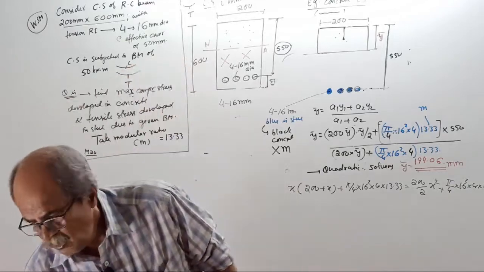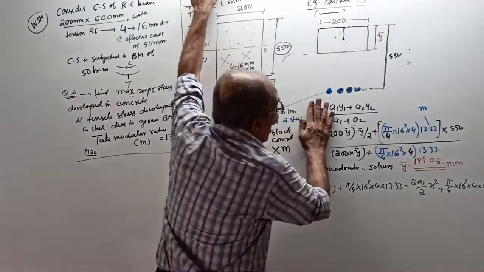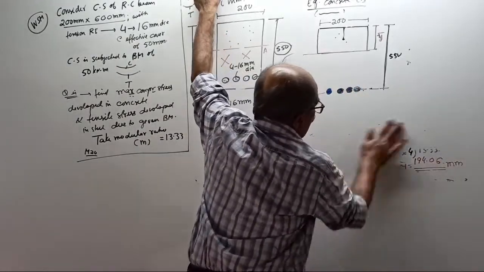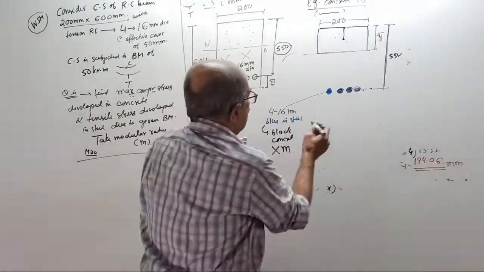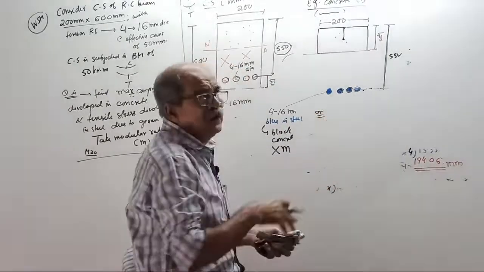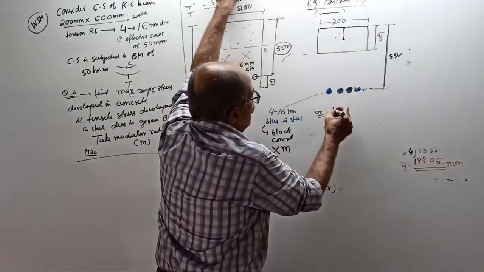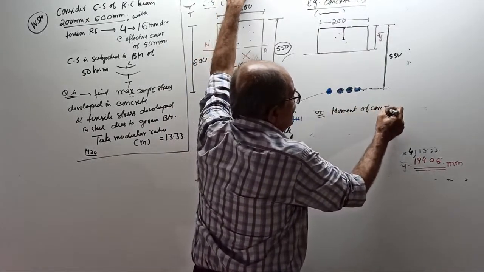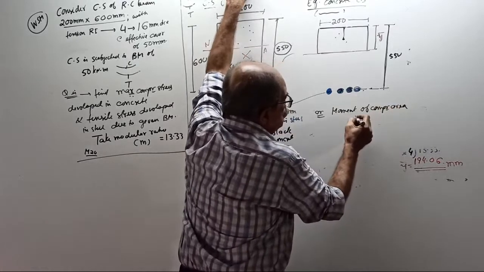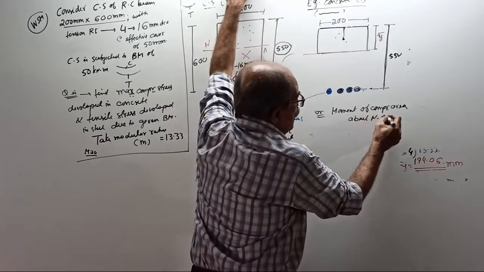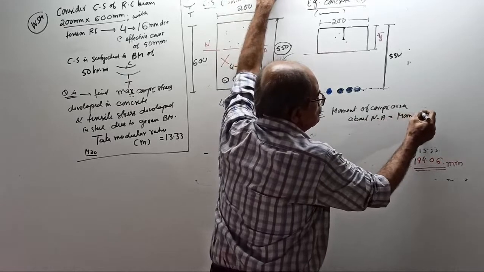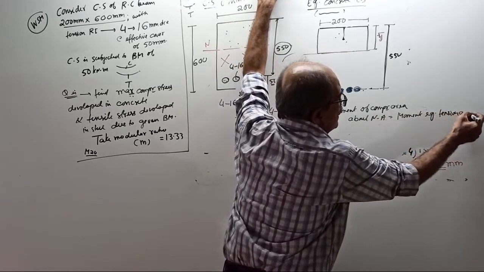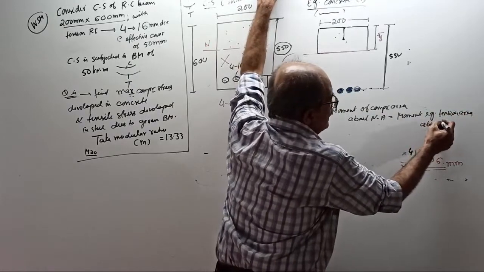Okay. Now, see. I will do one more thing now. See, 194. Or, you can do one more thing. You write moment of compression area about neutral axis equal to moment of equivalent tension area about neutral axis.